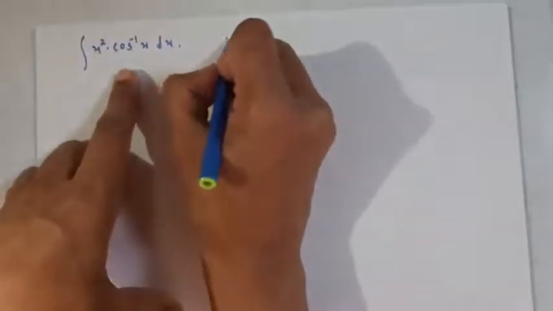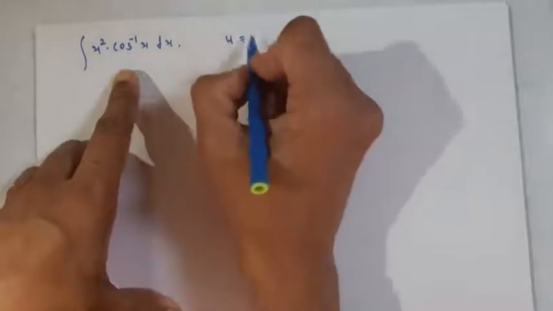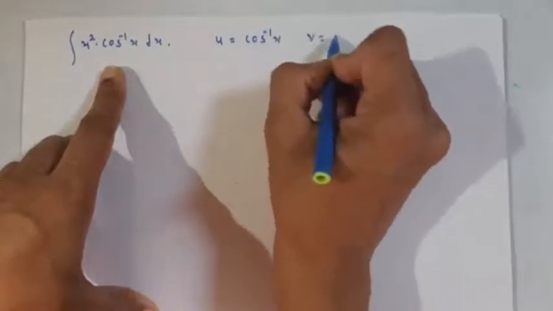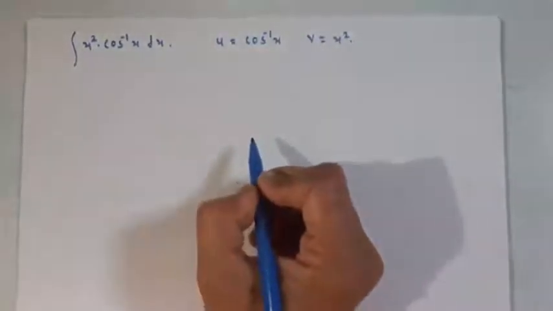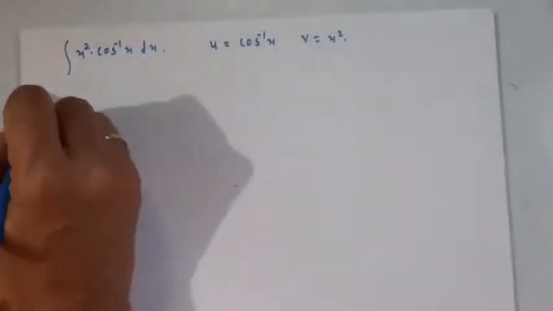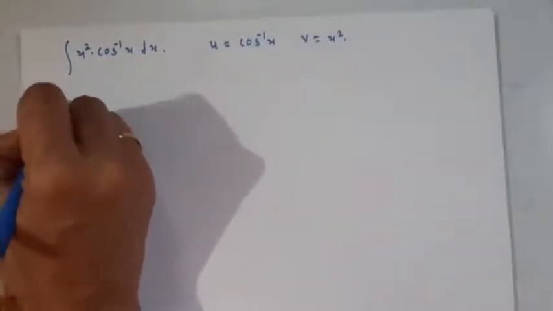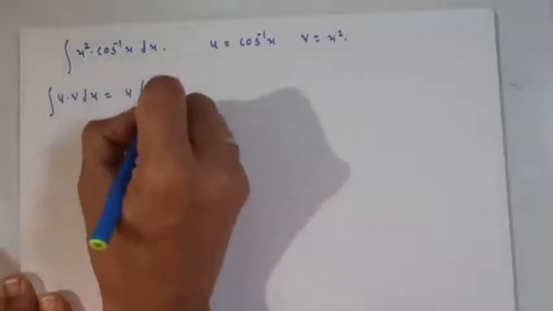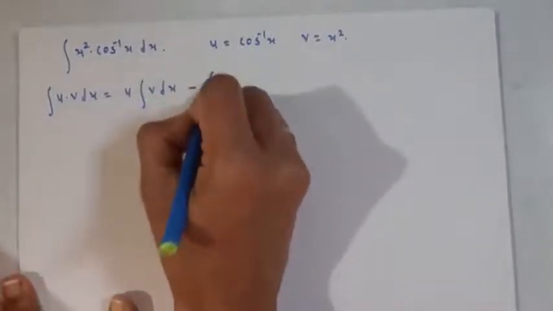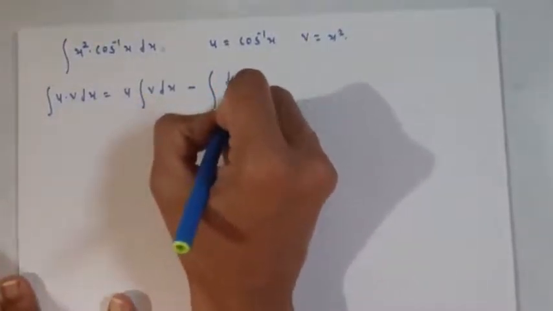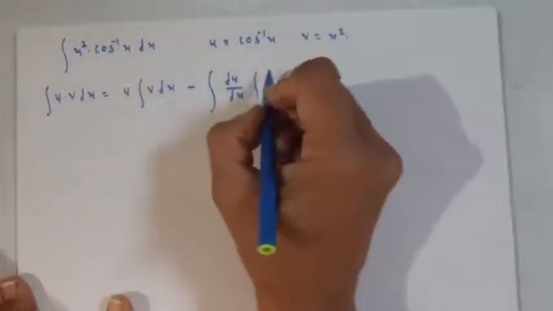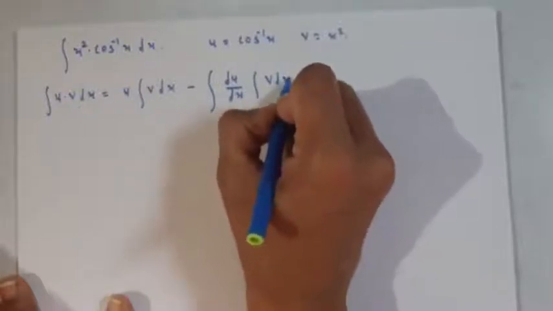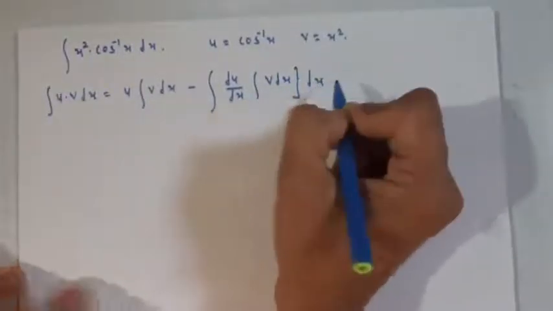Okay students, so here u equal to cos inverse of x, and v equal to x square. Now by integration by parts theorem, integration of u into v with respect to x equals u into integration of v with respect to x, minus integration of du by dx, differentiation of u, into integration of v with respect to x, and whole integration with respect to x.